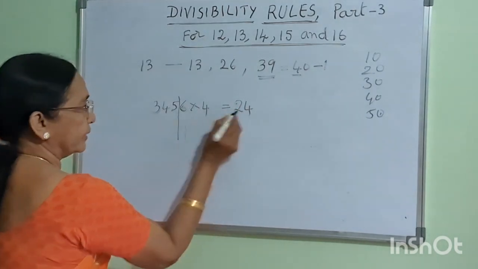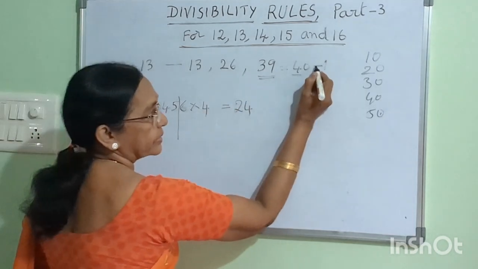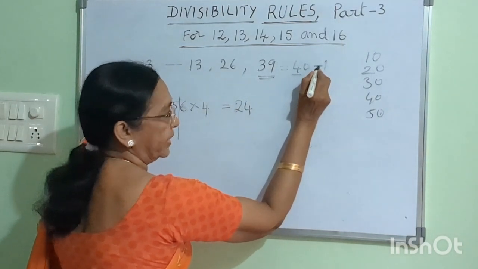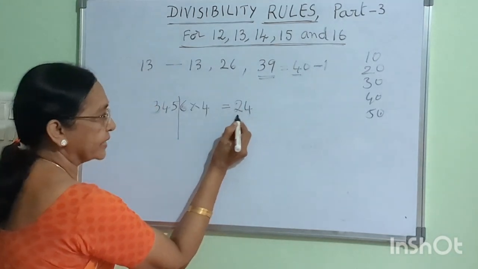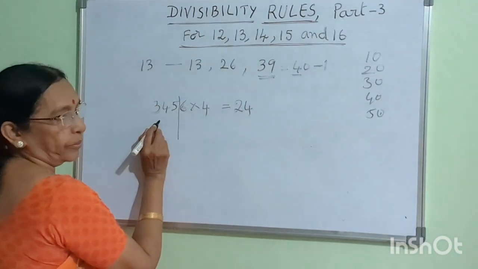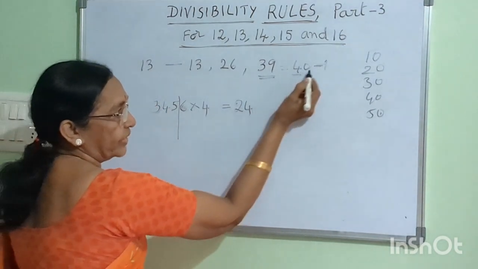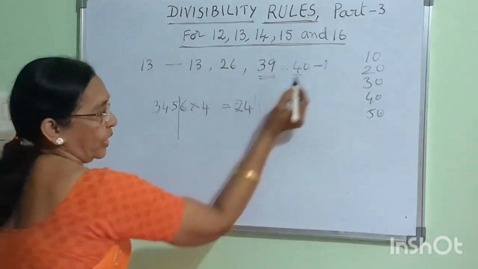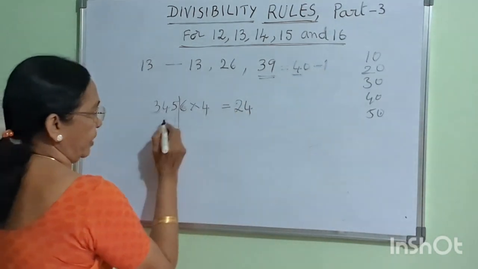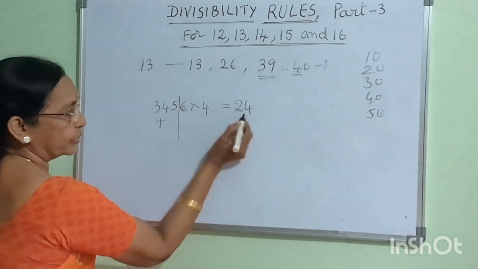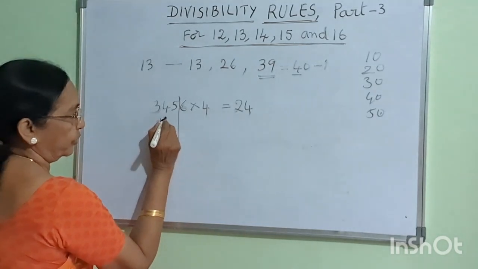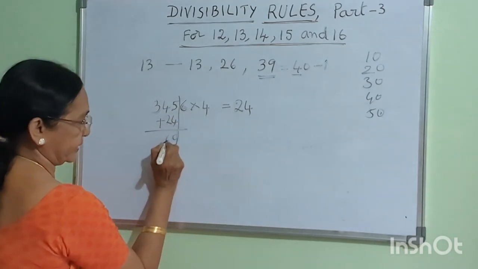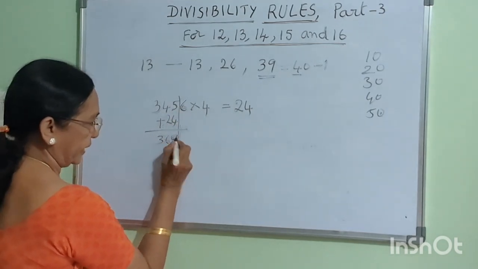Then add it to the remaining number. As it is 40 minus 1, if there is a minus here, we have to add this number to the remaining number. If there is a plus here, we have to subtract it. So as we have minus, we add 24 to the remaining number: 345 plus 24 is 369.